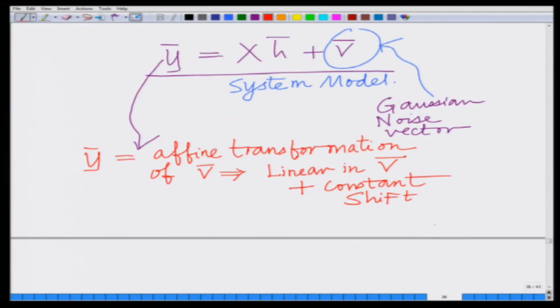Now, Gaussian variables remain Gaussian under an affine transformation, which implies y bar is a Gaussian vector.